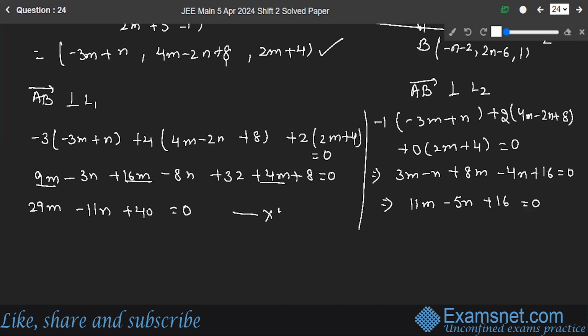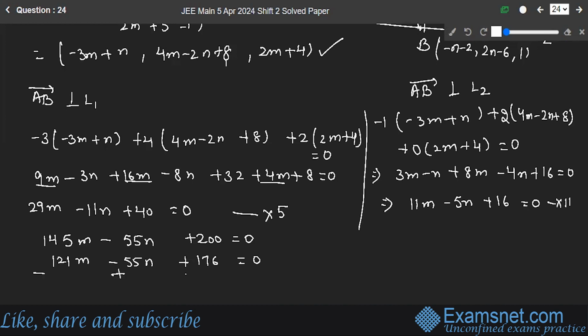Let's solve both of them simultaneously. Multiply this with 5 and this with 11. So this will give me 145M minus 55N plus 200 is equal to 0. And this will be 121M minus 55N plus 176.